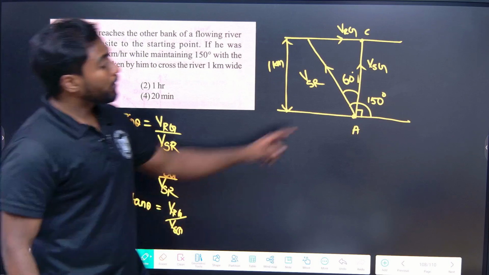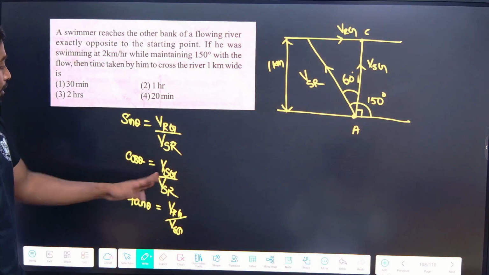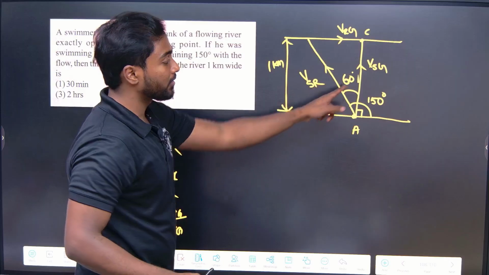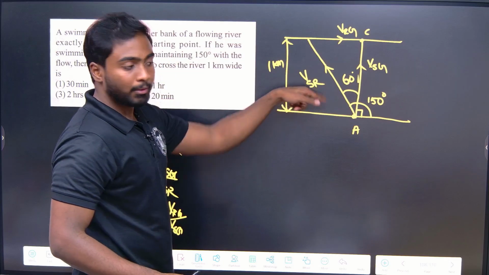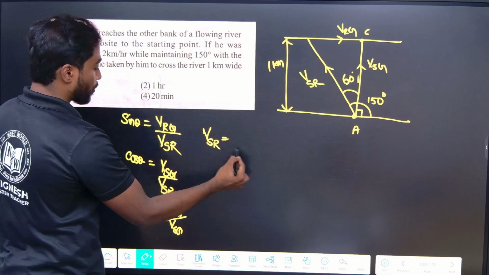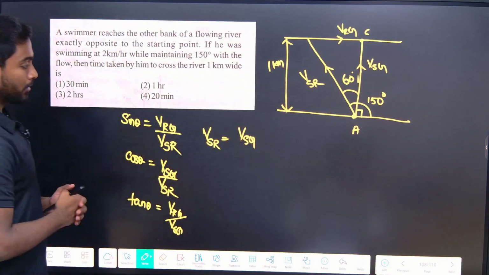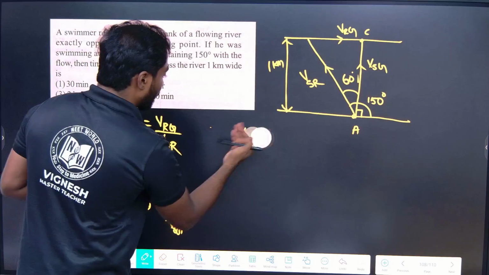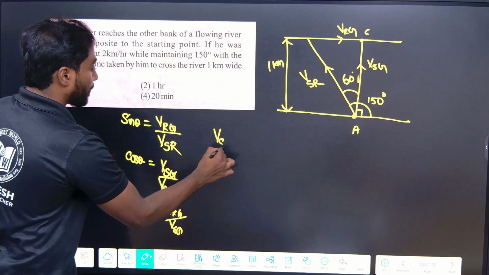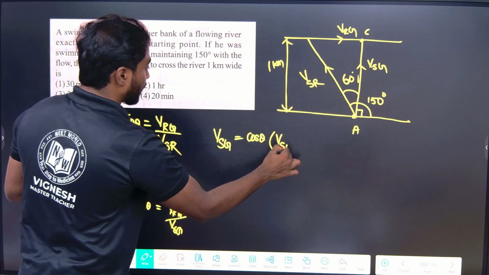Now which one do we want? We want the velocity of the swimmer with respect to ground. So here I can use cos theta easily. Cos theta is nothing but adjacent by hypotenuse. We know theta and we know the swimmer's velocity with respect to river. So velocity of the swimmer with respect to ground is equal to cos theta into velocity of the swimmer with respect to river.